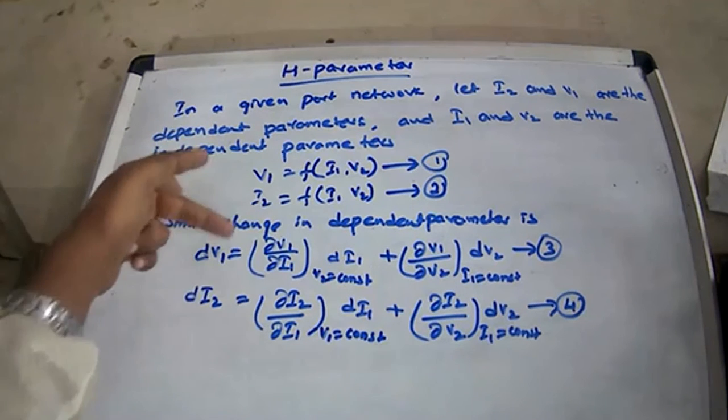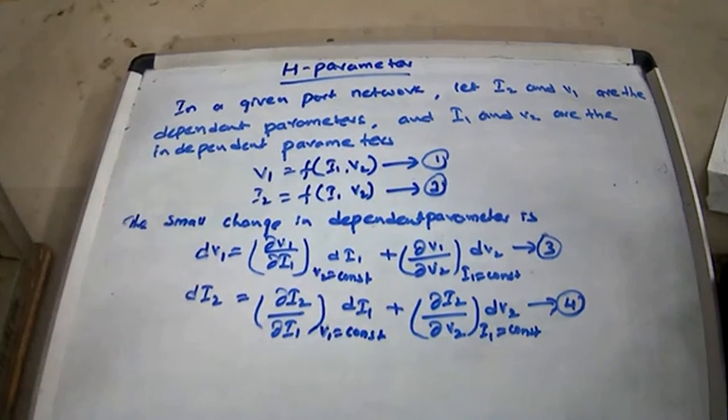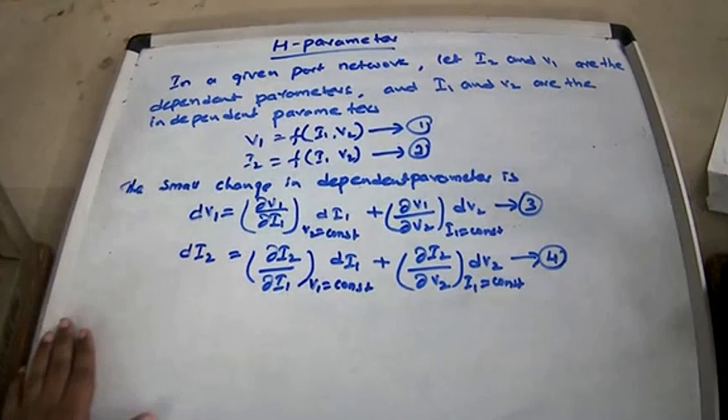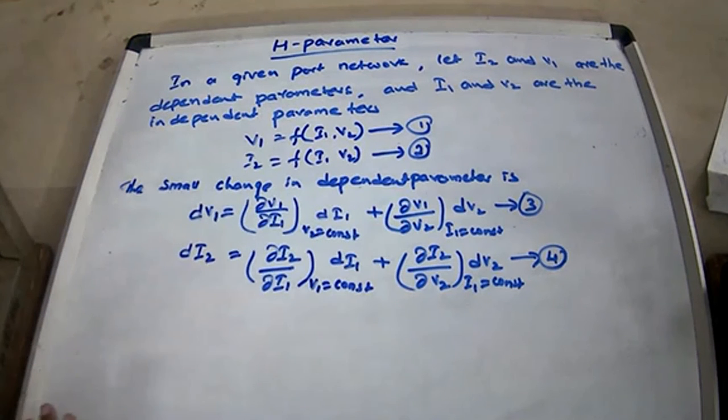Now we got equation 3 and equation 4 from equation 1 and 2 respectively. Now let us make equations 3 and 4 in the simplest form. Let's reduce equations 3 and 4 by taking easier letter representations.